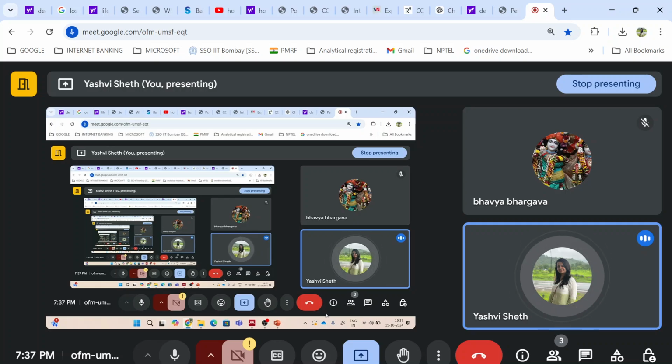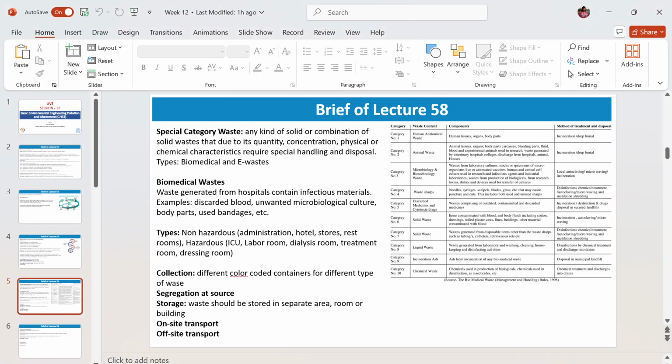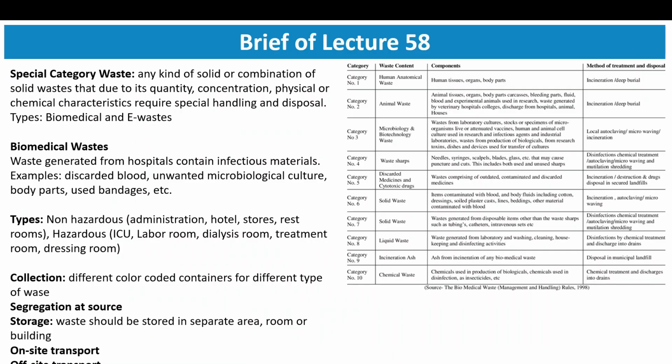And every person has a different immune system. So in that case, special care is required for handling biomedical waste. Okay, so here the examples: waste generated from hospitals containing infectious material also comes under biomedical waste.